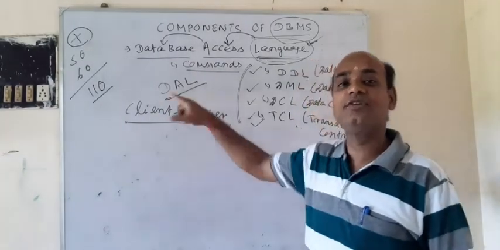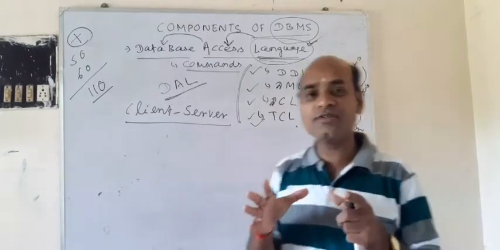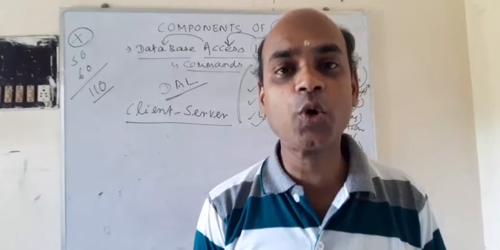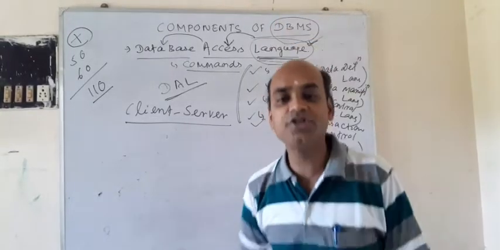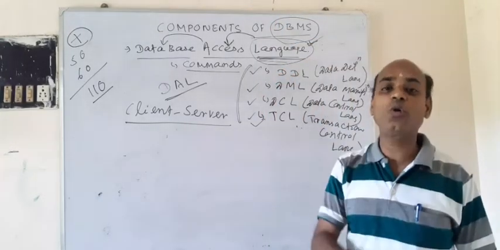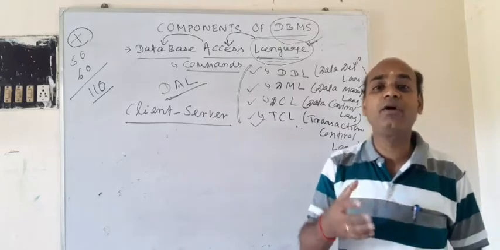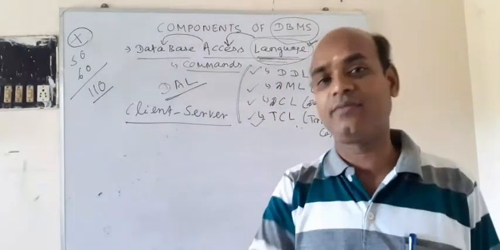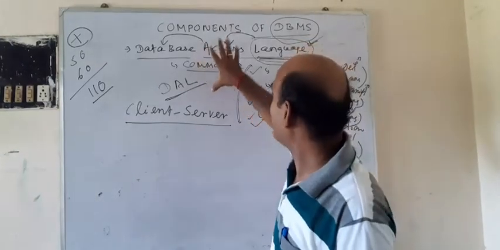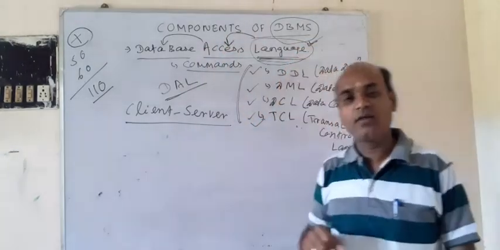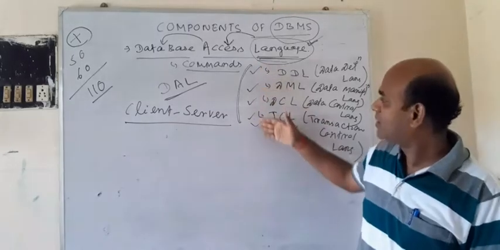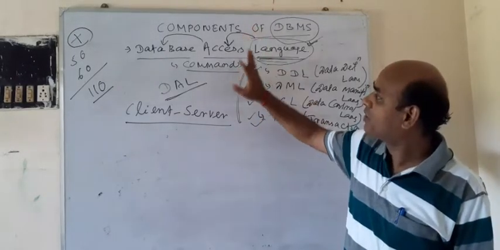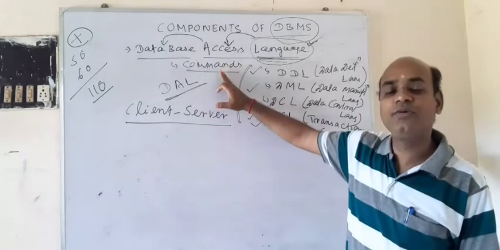This concept is required because all operations are being controlled, so that the database management system will be properly controlled and handled, and we can get proper information, the right information, the required report at the right time. So with database access languages, the important thing is the different commands.